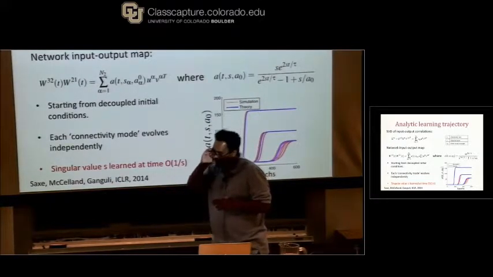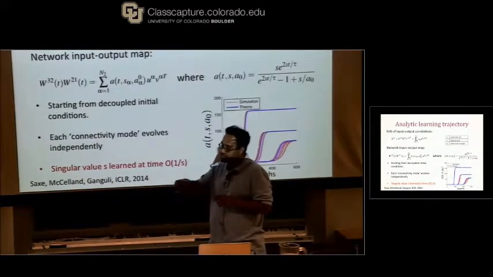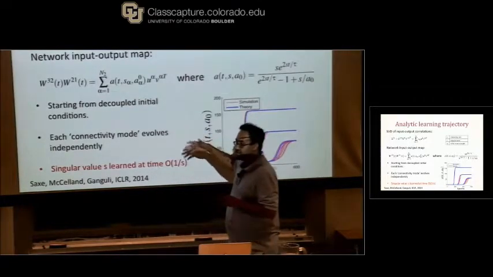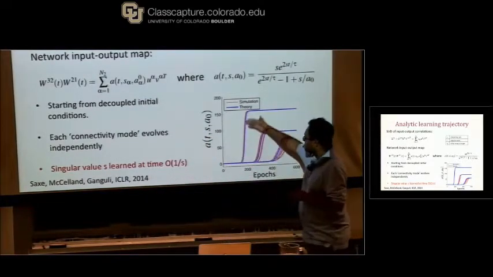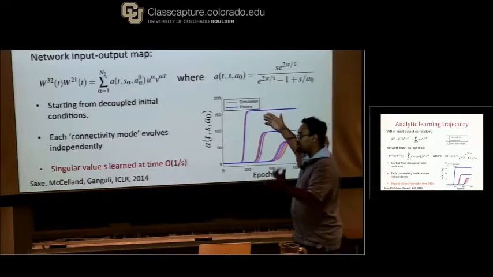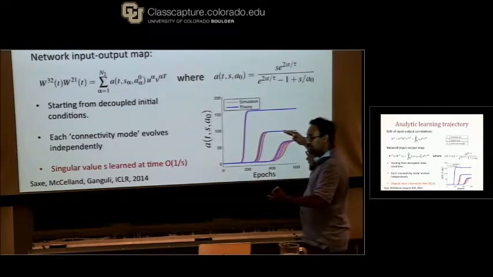Then you literally have to project it out and do power iteration in the orthogonal subspace. So it's very different dynamics. Here, gradient descent is learning all of them all at once. It just so happens that the first one gets learned first, but then you don't have to project it out. The rest of the network will keep learning the rest of it.